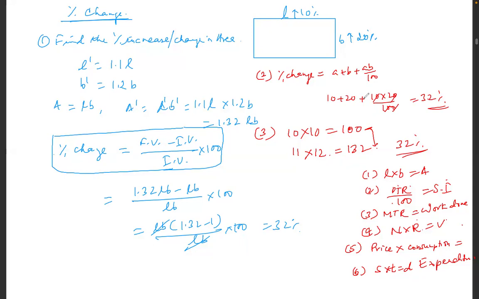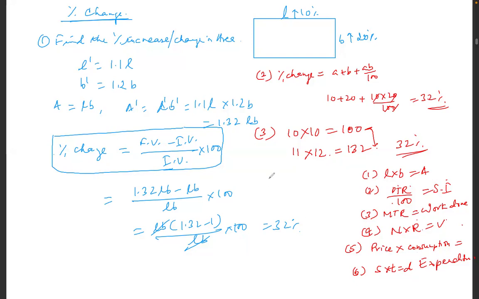Same thing. 10 plus 20 plus 10 into 20 divided by 100. The answer is 32%. If speed is increased by 10% and time period is increased by 20%, find the percentage change in distance covered. Same, 32%. So you can use any.